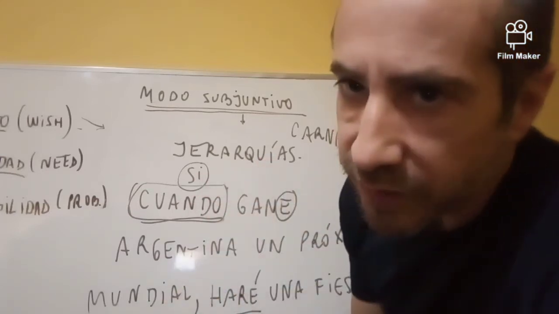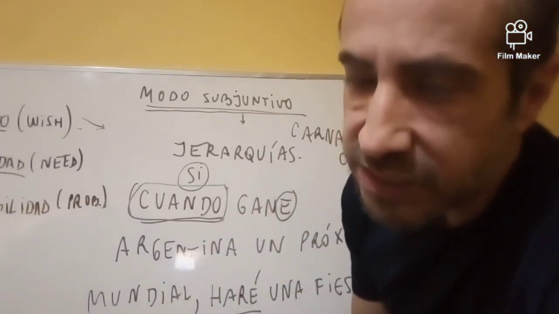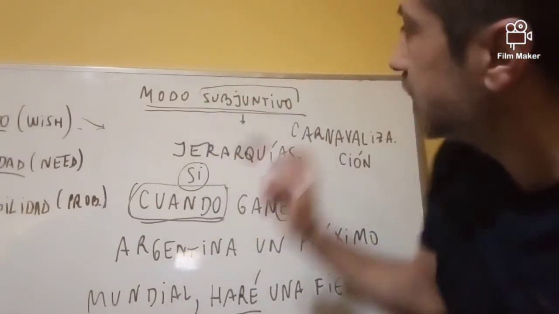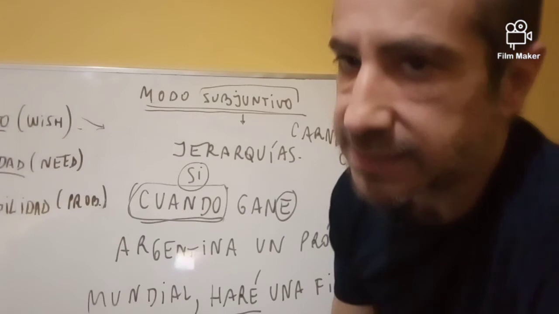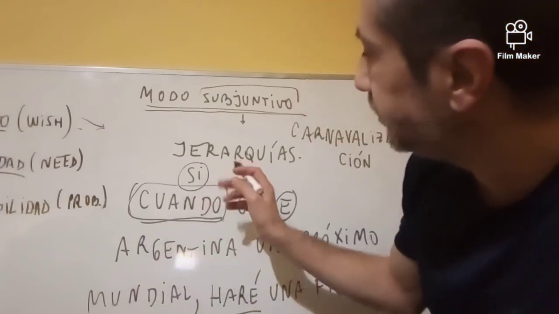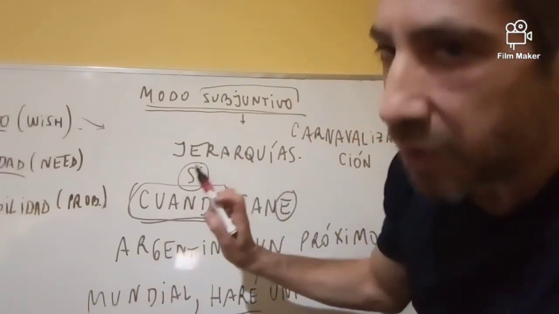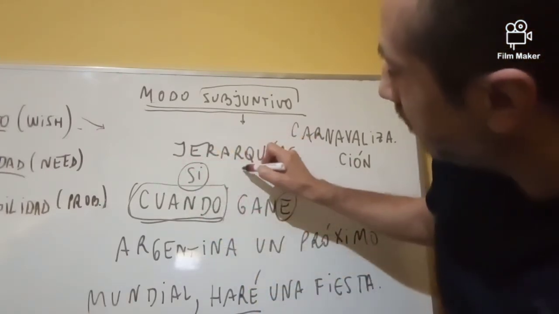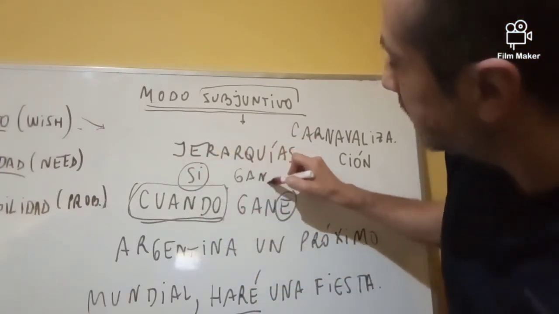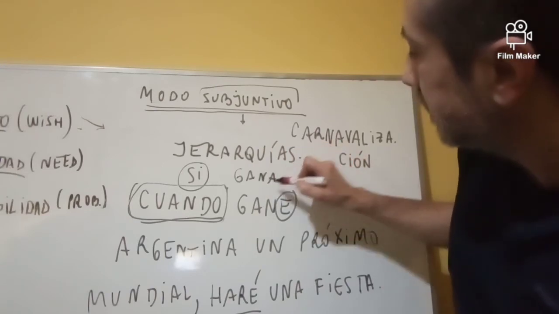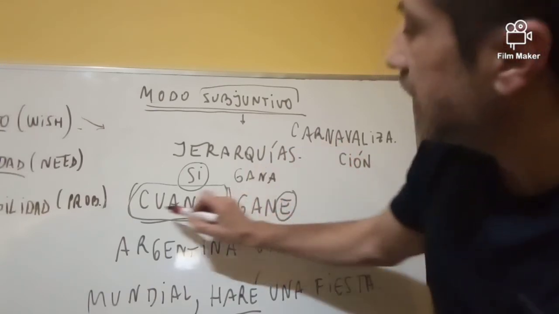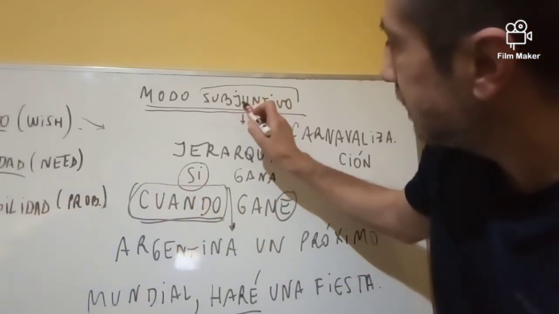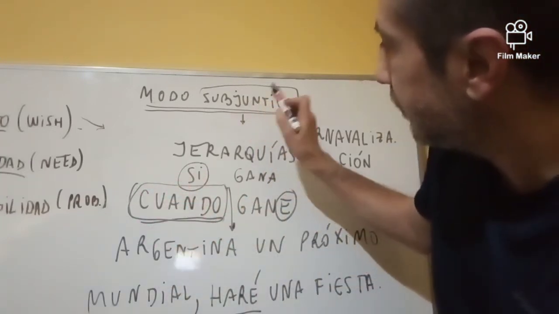They are very similar to those in English. The difference is that we use this mode. But it's the same mechanism. If we start the sentence with si, we have to put it in the indicative mode. If we started with cuando, we have to use the subjunctive mode.